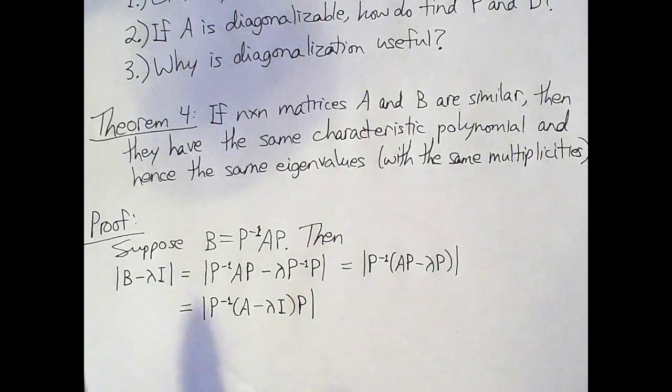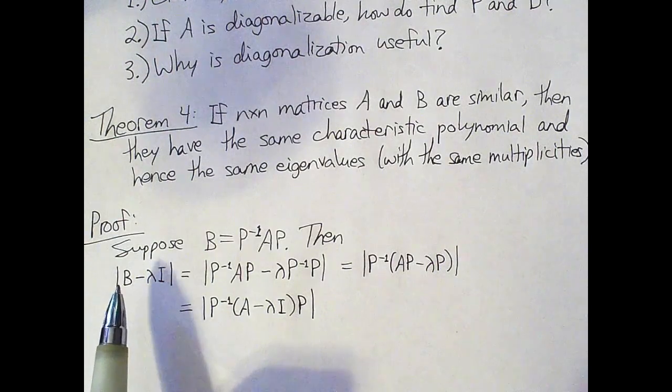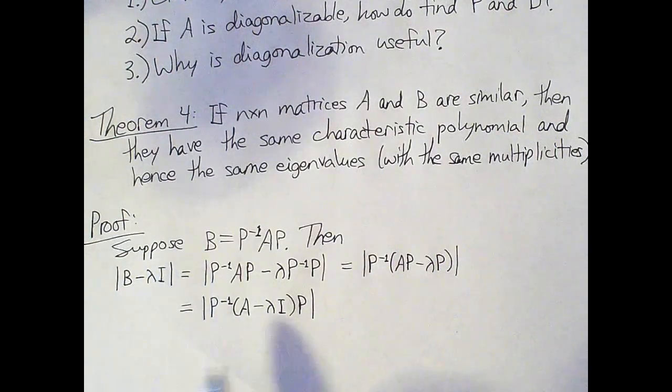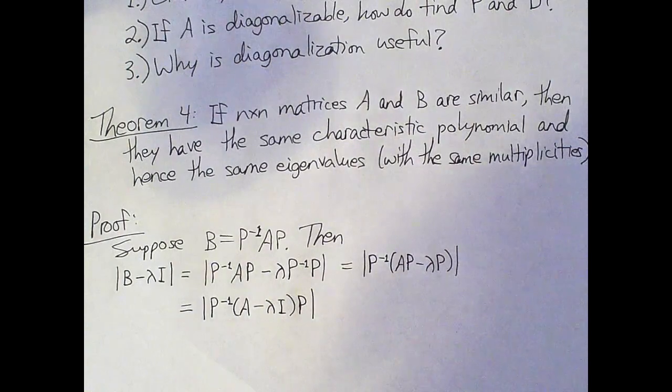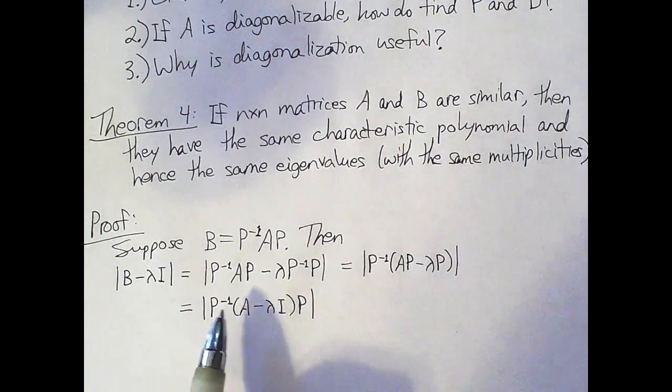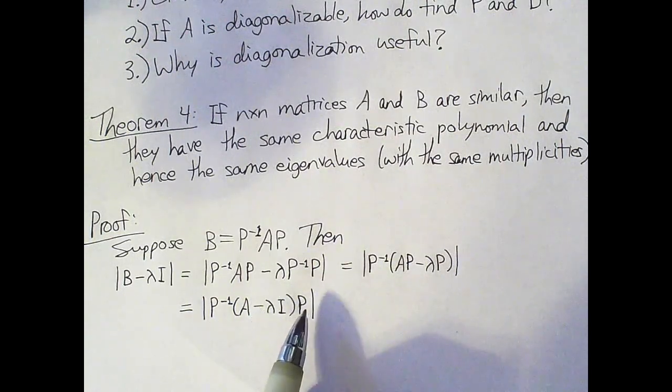Now, I'm not finished yet. Let's remember, what are we trying to get to? I'd like this to equal the determinant of A minus lambda I. This thing we just wrote involves A minus lambda I, but there's this other stuff attached to it. So we have to figure out what to do about that. What have we got here? We've got the determinant of a matrix times a matrix times a matrix.